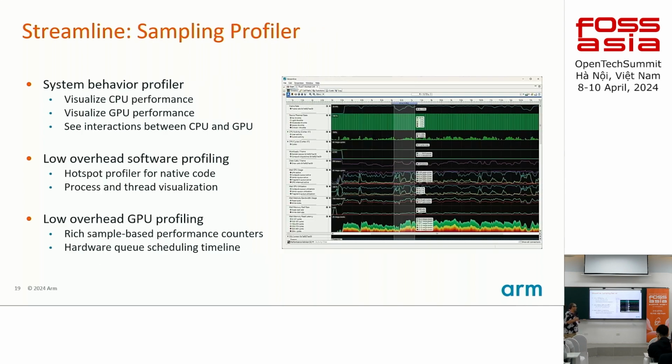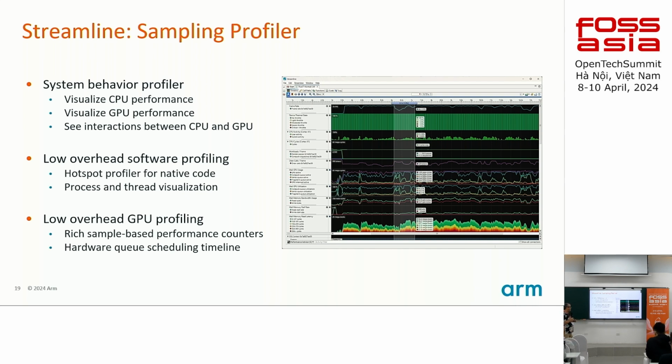We've also got the sampling profiler piece to the Streamline toolset. See what's happening with the CPU, see what's happening with the GPU, and see how they're both interacting. If you've got workload that's moving from one to the other, or having to call on one of the other processing units, you can see that in real time.